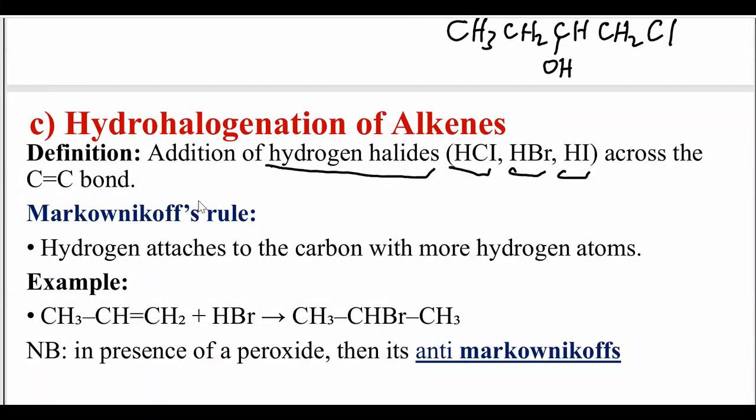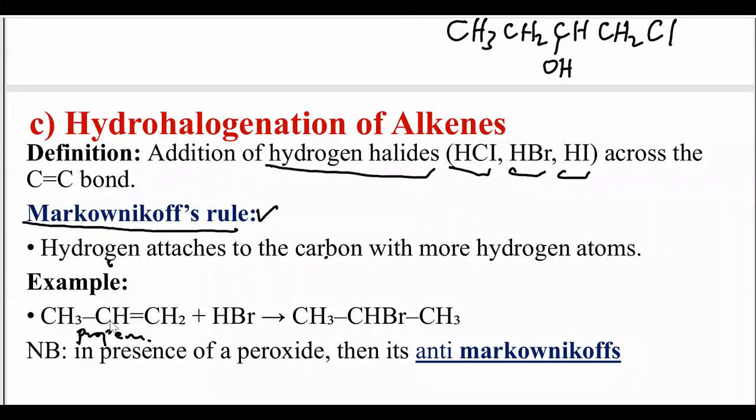Now, in this case, where we are having a hydrogen atom and another atom, Markovnikov's rule applies. What are we talking about when we say Markovnikov's rule? Markovnikov's rule says that the hydrogen attaches to the carbon with more hydrogen atoms. For example, this is propene.